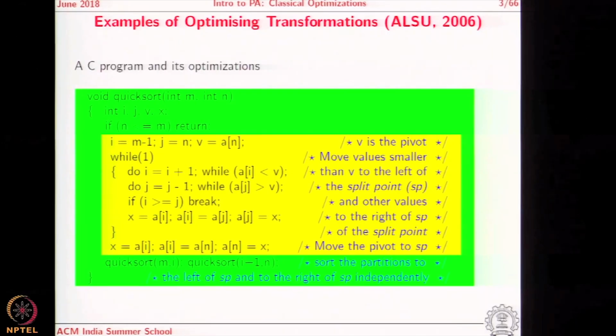It finds a pivot and then moves the smaller values to the left of the pivot and the larger values to the right of the pivot, and then makes recursive calls to sort the smaller parts of the array, the standard quicksort program.